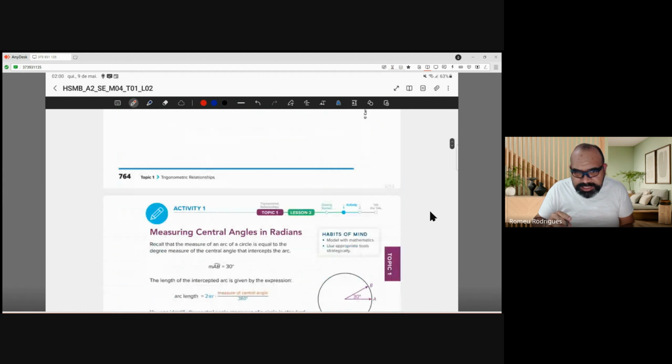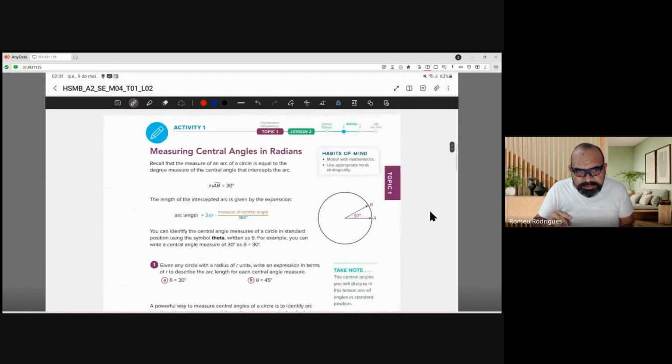Let's go with activity number 1. We're talking about the difference between radians and angles. Okay, again, as I said to you, our content right now is related more with geometry and algebra 2 together. Great. How can we write the arc length in radians?